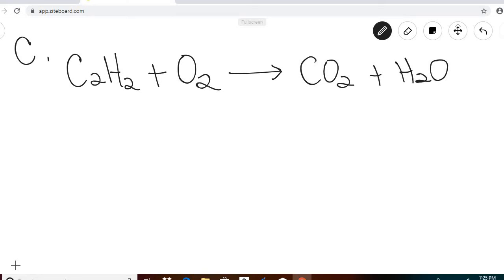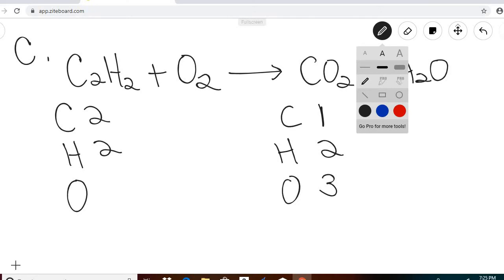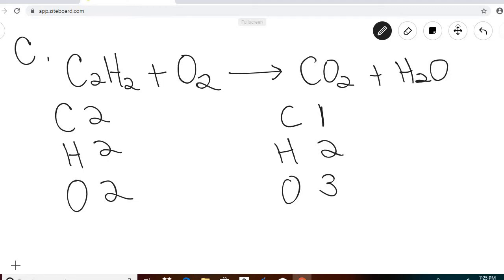So let's look at balancing this. So we have carbons, there are 2 here, there's 1 over here. Hydrogens, we have 2 here and we have 2 there. Oxygens, we have 2 here and we have 3 over here. Okay, the only one that's not balanced right now is the oxygen.